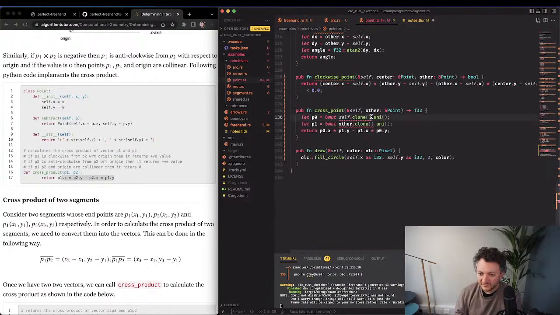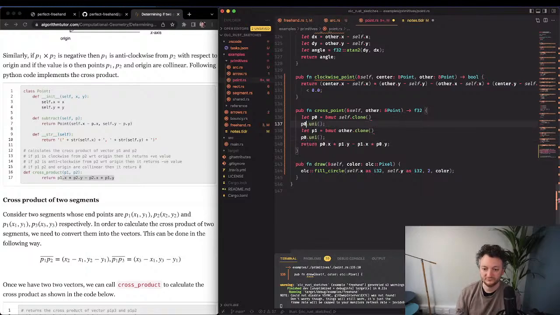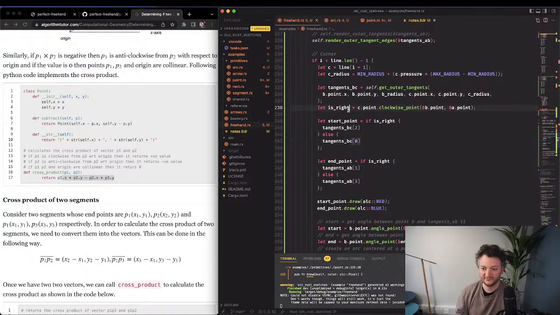Hold on a second. That's right. You can't chain it like that. Cool. Looks good. Okay. So that seems to be right. So is right is the difference between B and A. That's it.